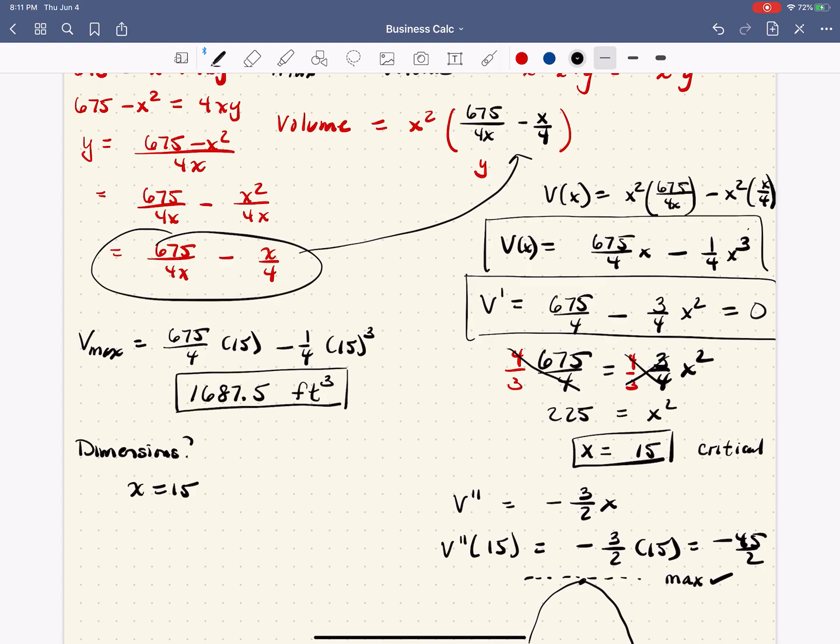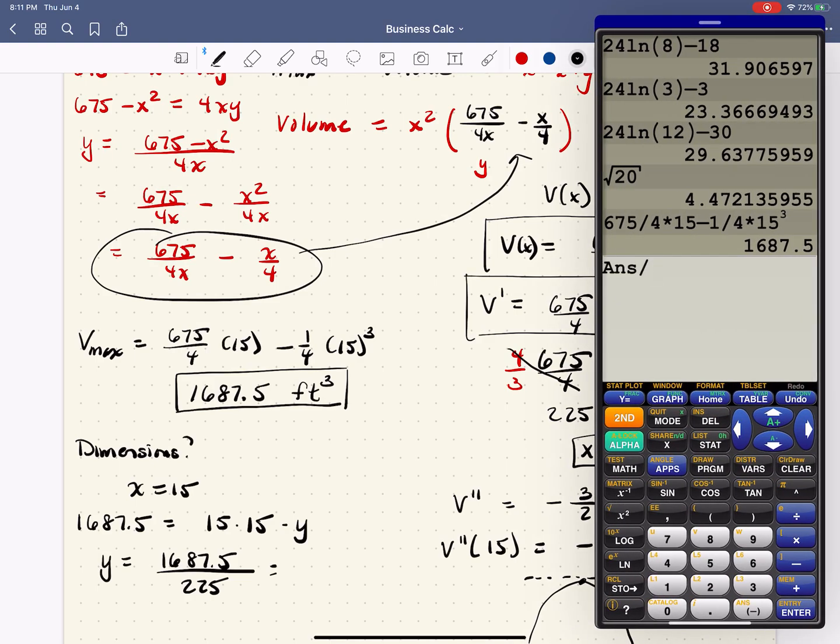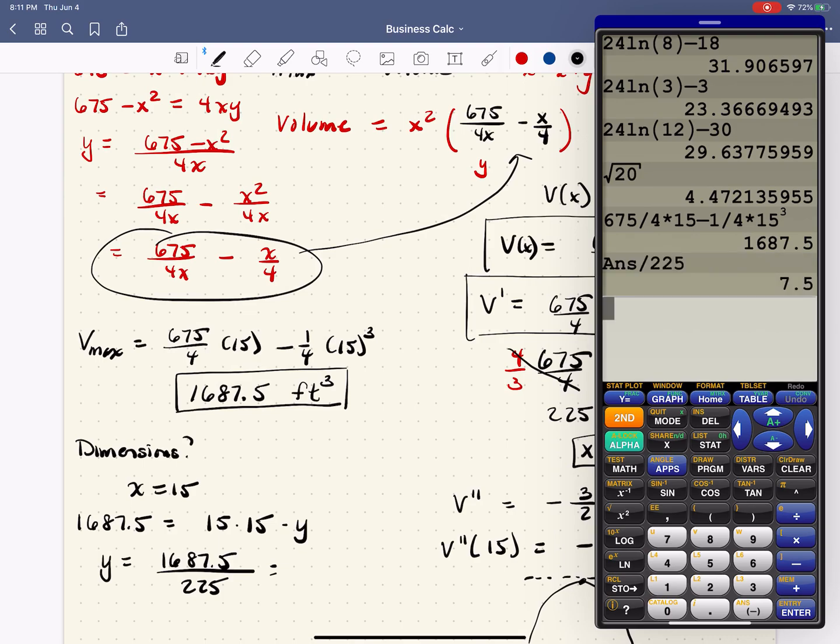We know the volume is 1687.5, and we know that 2 of the sides are 15, and we don't know y. So we could just take the volume and divide by 15 times 15. If I divide that by 225, y is 7.5.